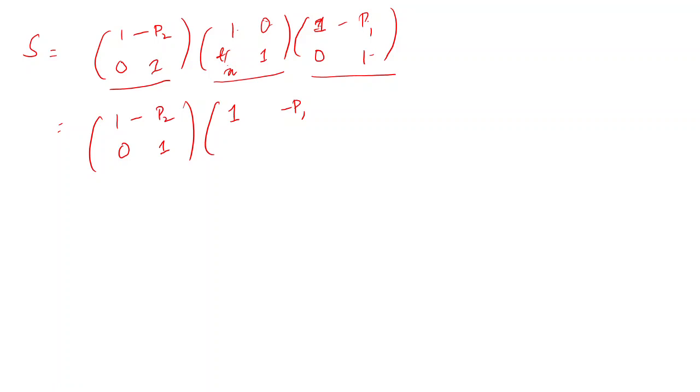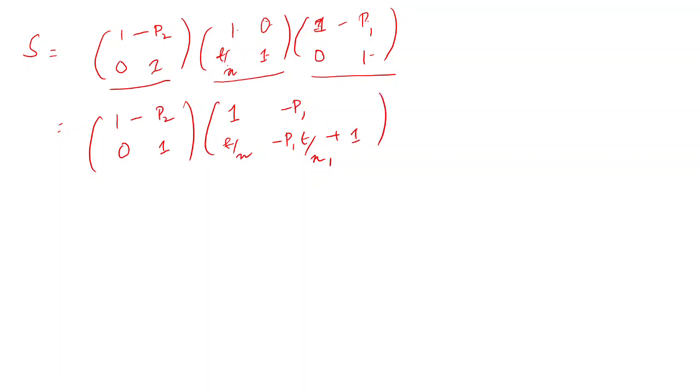T by n times 1 is T by n, and 1 times 0 is 0. Here I would have T by n, minus P1 T by n plus 1, right?